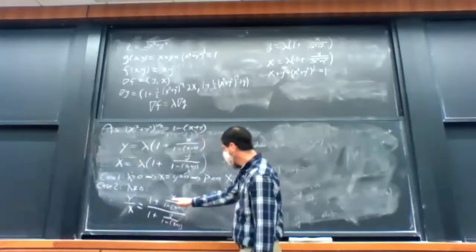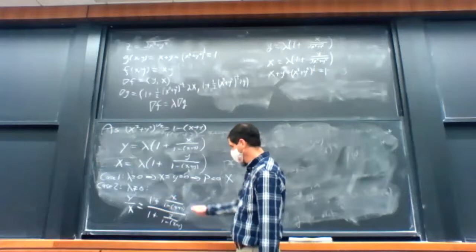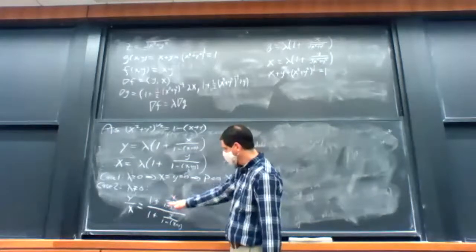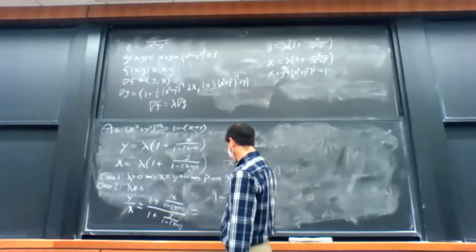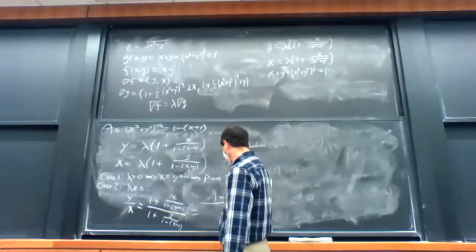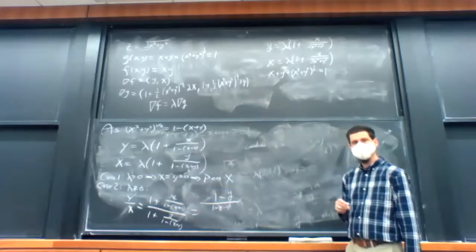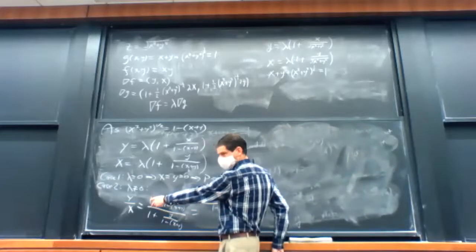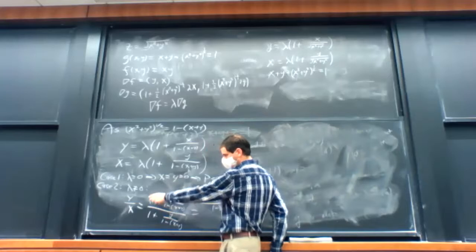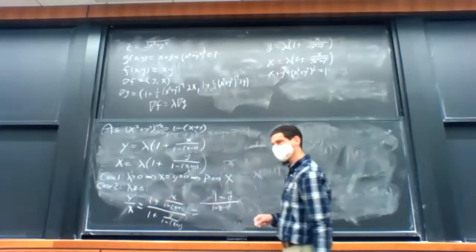Doing the same job, I would multiply this by 1 minus x plus y over 1 minus x plus y. I have an x over here, I have a 1 minus x minus y. So when I add them, it's 1 minus y over 1 minus x minus y. Do you read that, that's the numerator? When I multiply this by 1 minus x plus y, and I add that to this, the minus x cancels the plus x, and I'm just left with, oh, that should be, yeah, 1 minus y.